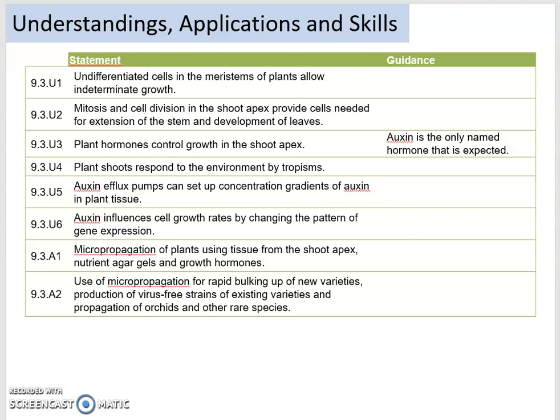It can also produce things like orchids, which are extremely valuable and difficult to grow. Micropropagation can also be used to produce virus-free strains of plants. So I think if you look through those syllabus statements, I've hit on some of the key terminology there, and we're going to unpack that a little bit more in the following slide.